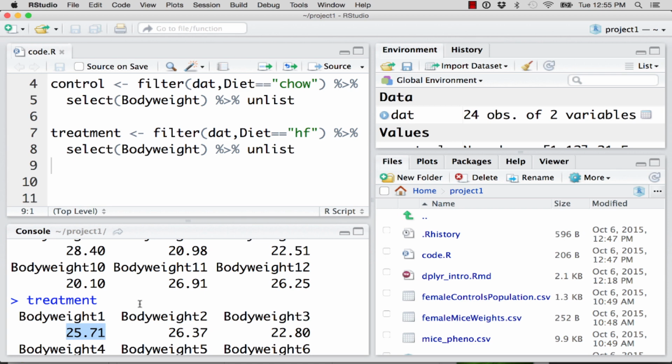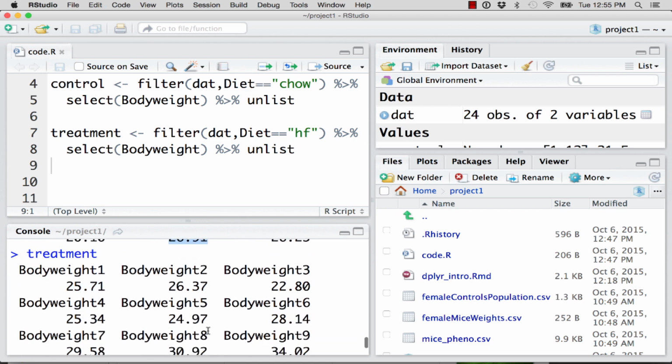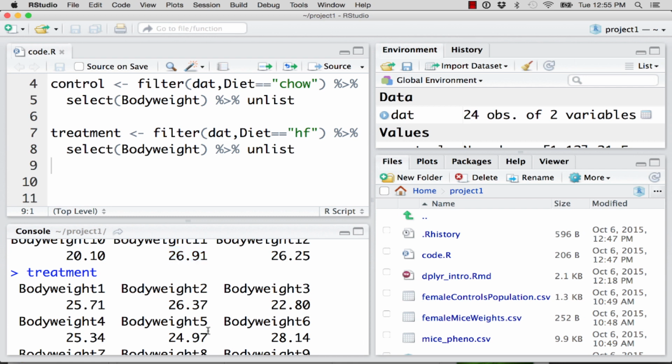It's lighter than this mouse that received the control diet, and there's many examples like that. So when we say in many scientific statements like high-fat diet makes mice heavier, we are talking about a comparison of the averages. So we're saying on average, the high-fat diet results in heavier mice.